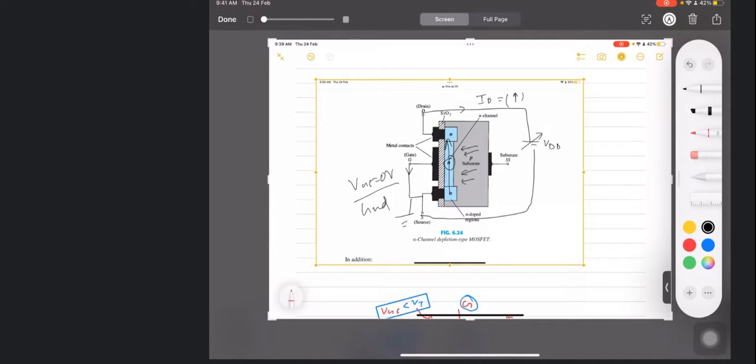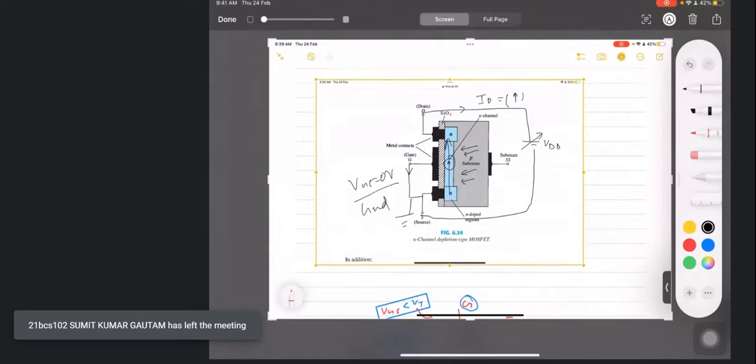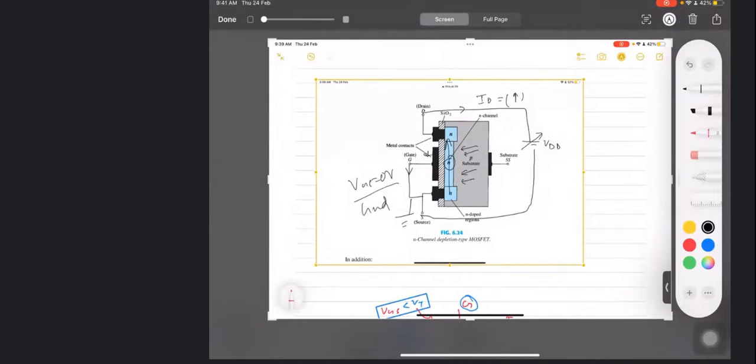So even at 0 volt, we can apply this. Or if we have to attract more electrons, we have to apply the positive potential here. So more electrons will come and we can increase the ID further. Okay, but even if VGS is 0, threshold voltage is also 0 because channel is already formed here.